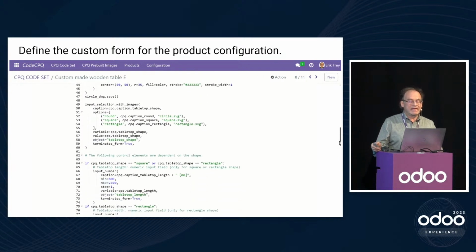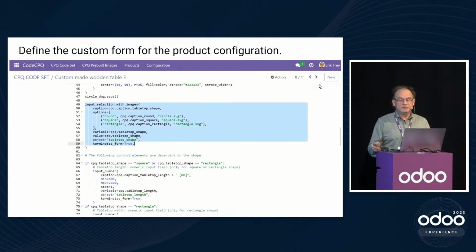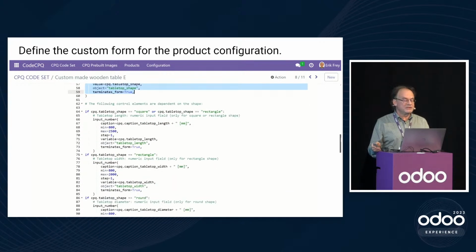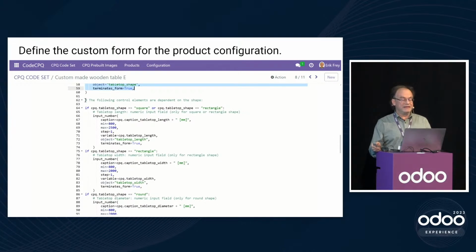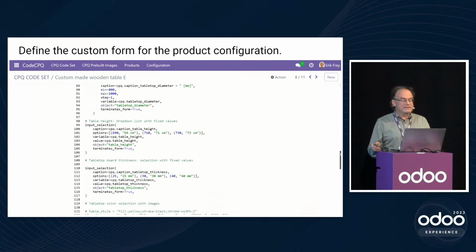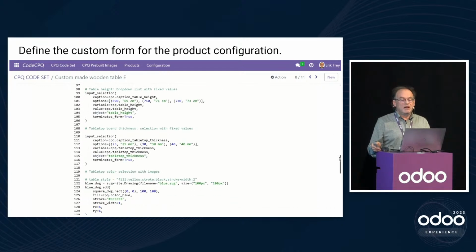Here you can see the case distinction according to the shape of the tabletop and the functions of the numerical input fields for length, width, and diameter. Then below you find the other types of input controls. At the very bottom, the dynamically generated texts are displayed on the input form.